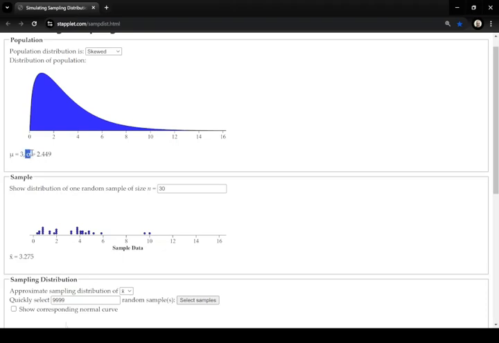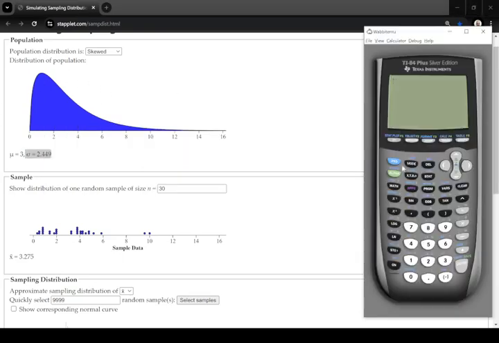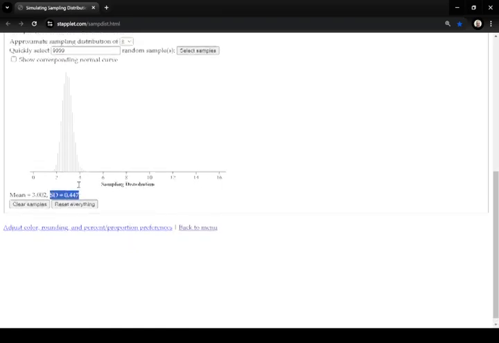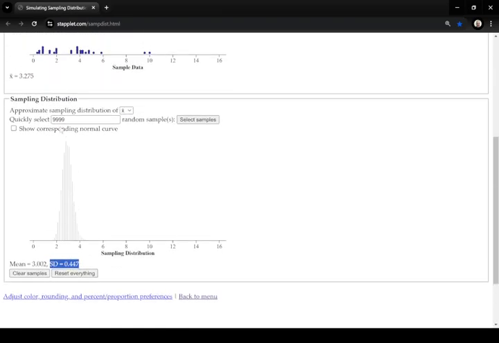So if I take the real standard deviation of this population data divided by the square root of 30, I'm doing a sample of 30, I get 0.447. And this down here is the actual standard deviation of the 10,000 simulations of this process.